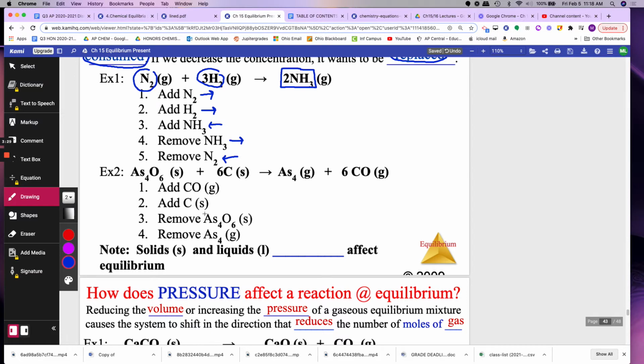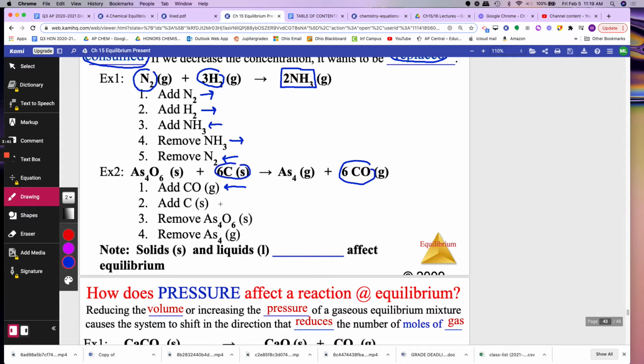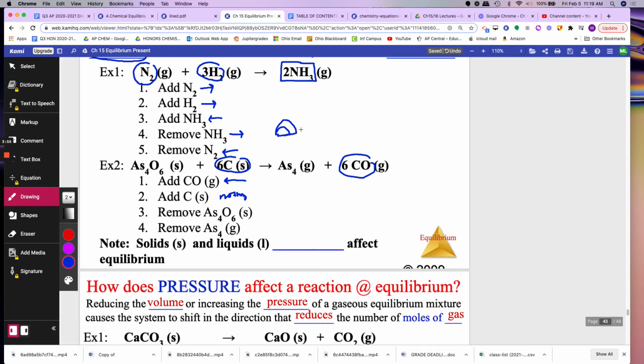Okay, let's look at this one. If you add CO gas, it's going to go to the left. If you add carbon solid, I hope that you wrote that nothing will happen. The reason is it's a solid. If you have a small clump of it and you add more, the concentration does not change. It's still a certain grams per unit volume.